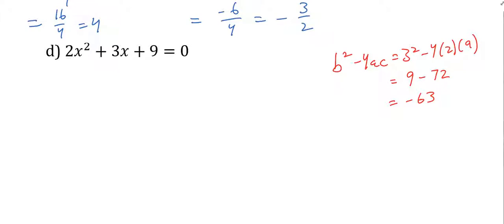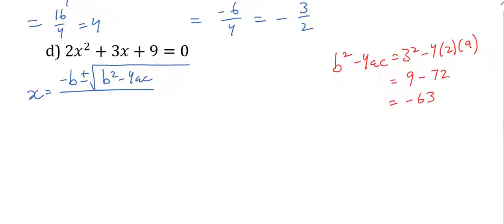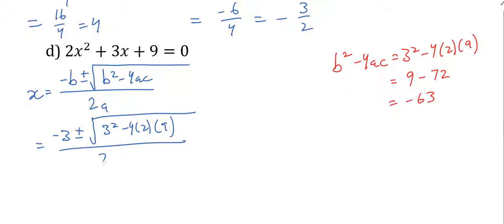Now there's something else going on with this one, but let's write this out one time first. So negative 3 plus minus the square root of 3 squared minus 4 times 2 times 9 over 2 times 2.